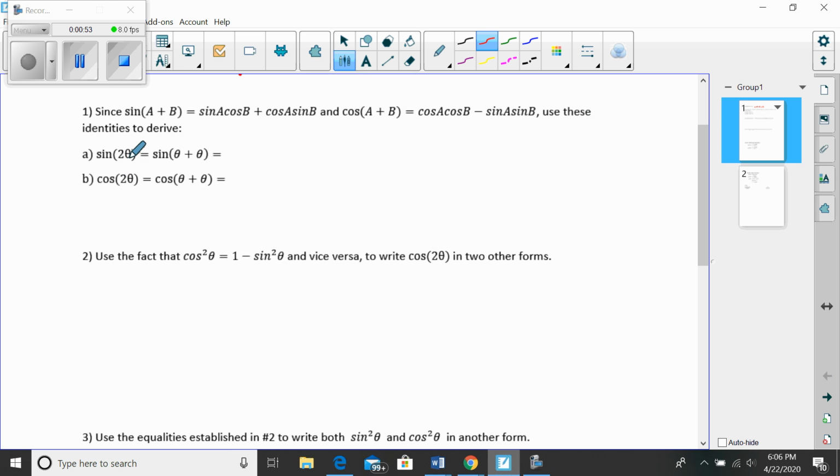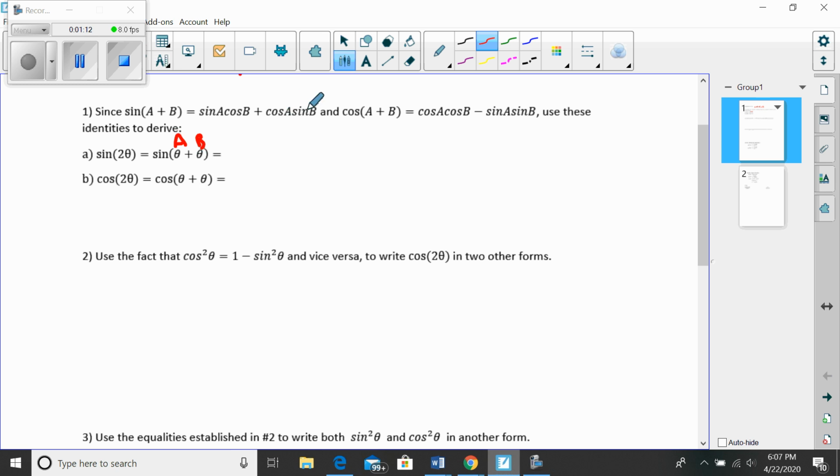Okay, so 2 theta is, of course, theta plus theta. All right, so if we were to plug in to this identity, I'll do the first one for you. So this would be my A, and this would be my B, right? So A and B are obviously equal in this case.